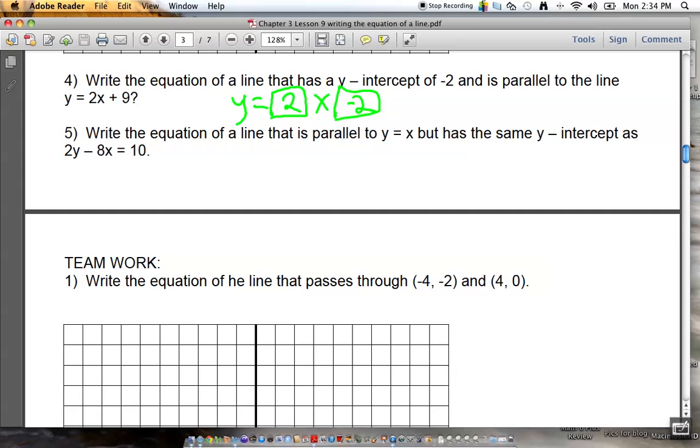It says it's parallel to y equals x, but then it says it has the same y-intercept as what? 2y minus 8x equals 10. What's the problem? It doesn't say y equals.